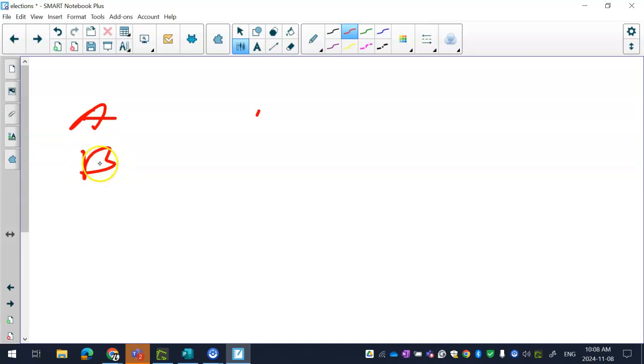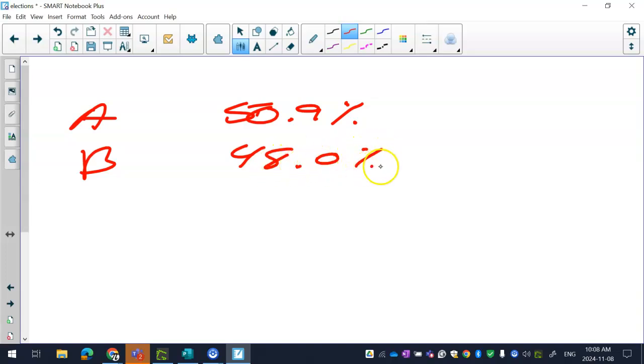And we have Party A and Party B, and I have 50.9% of the people going to vote for me, and 48.0% going to vote for you. Okay, so that's A and B, and then the rest is other parties or whatever. But I say that I have a plus or minus margin of error of, let's just say, 2%. And the question is, am I confident that A is going to beat B?